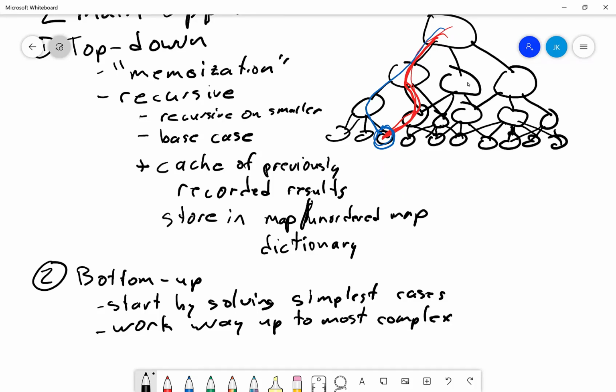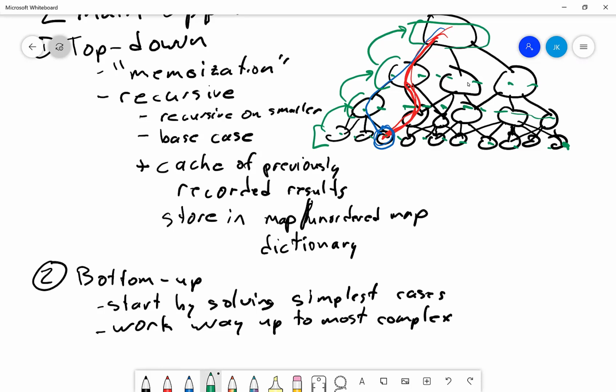So looking at this diagram over here, basically the idea is you would first go through and solve all of these cases down here at the bottommost level, and then you would go up to this level and solve all of those cases, and then you'd go up to this level and solve those cases, and then you'd work up to the main problem that you have at the top and solve that.